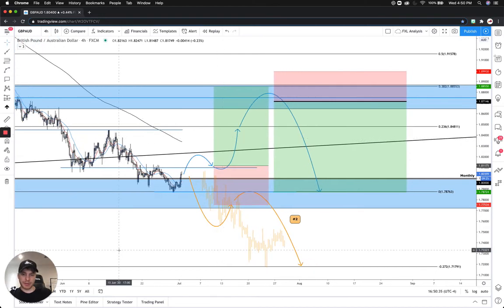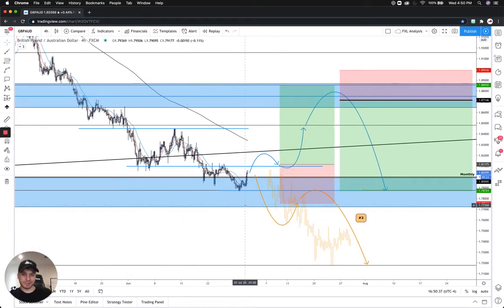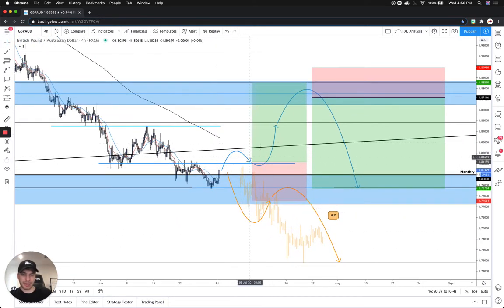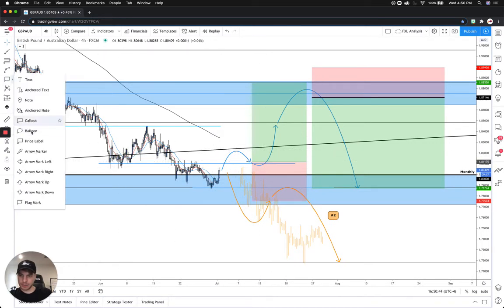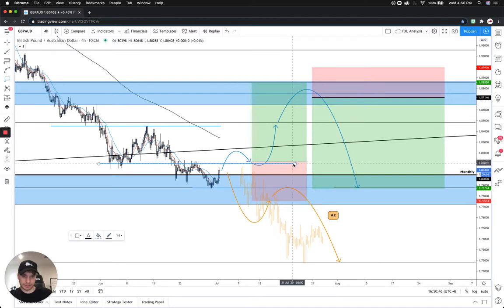So what you want is this transition to take place, right? And then you can get in on confirmed higher low. So if it breaks this level, let's go ahead and highlight the level with a price label.